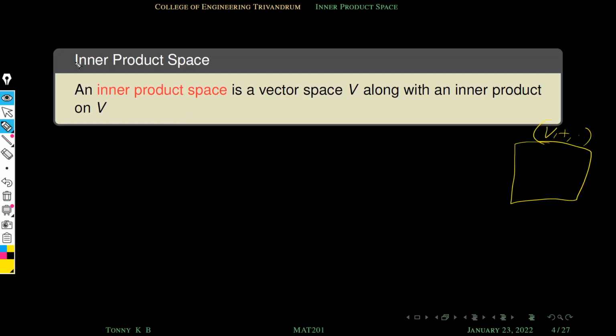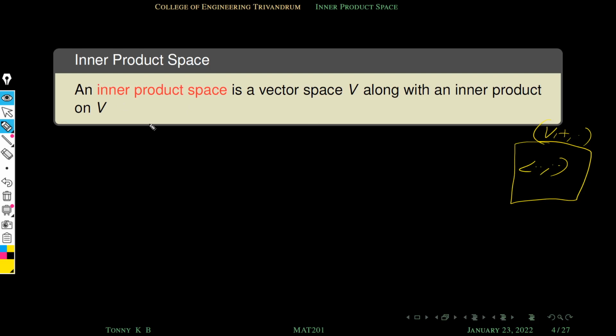Now we are ready to define an inner product space. An inner product space is a vector space V along with an inner product on V. That's all. First we consider a vector space. We know that a vector space means a set together with 2 operations satisfying 10 conditions. Suppose this vector space has an inner product. Then this vector space with this inner product is called an inner product space.